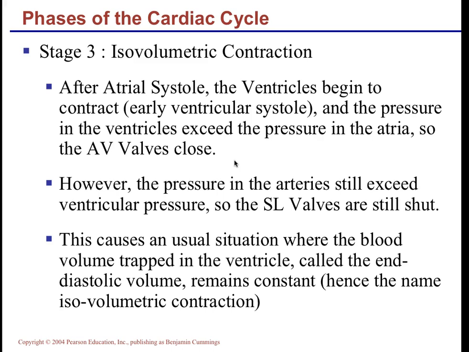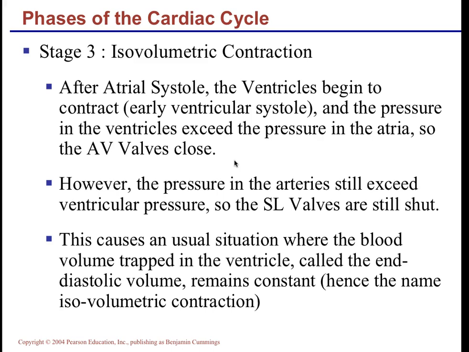But in stage 3, the early stages of the ventricle starting to contract, you have this very weird period of time when the atrioventricular valve is going to snap shut because the ventricles are starting to contract and build pressure. This pressurization means the AV valve snaps shut in order to prevent backflow.